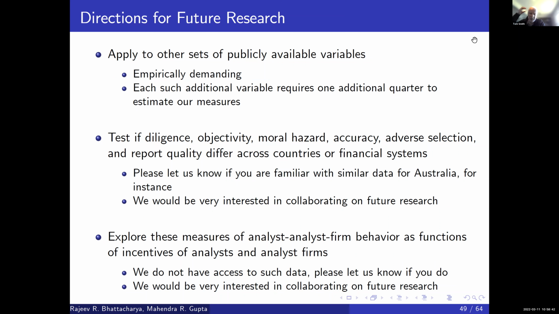There's a lot going on in the paper, Rajiv and Mahendra, that is probably too much for one paper. While you were going through it, I thought the diligence measure, looking at the diligence models and non-diligence models and coming up with the probability of diligence, was ingenious.